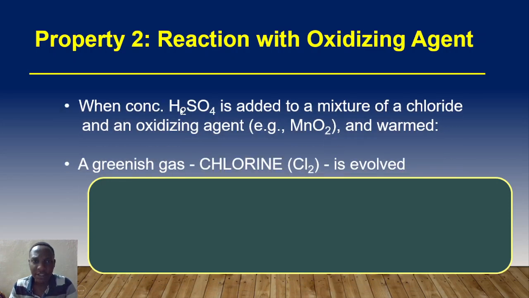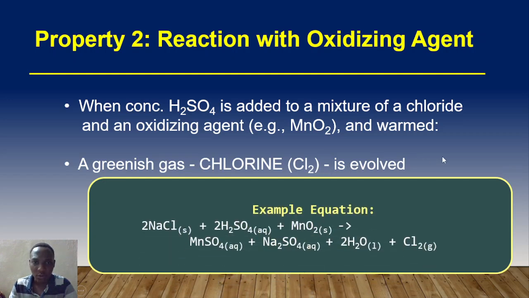Moving on, the second property, the reaction of these metal chlorides with an oxidizing agent. When concentrated sulfuric acid is added to a mixture of the chloride and an oxidizing agent, for example manganese oxide, and warmed, a greenish gas, chlorine gas, is evolved. For example, the equation is: sodium chloride plus concentrated sulfuric acid plus manganese oxide results in manganese sulfate plus sodium sulfate plus water plus chlorine gas.